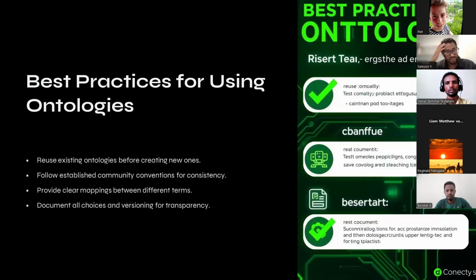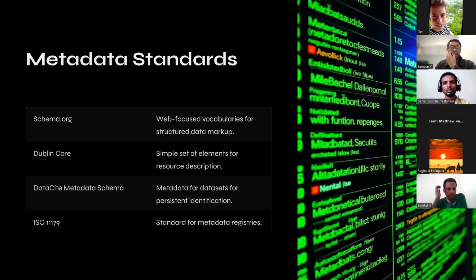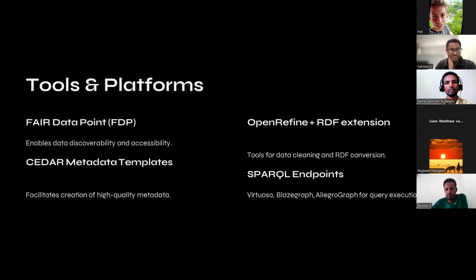So the best practice normally is that before you start creating your own ontologies, you need to reuse existing ontologies. You need to follow established community conventions for consistency. You need to provide a clear mapping between different terms and document all those practices. You also have different metadata standards that are very common that you will be using in your developments.